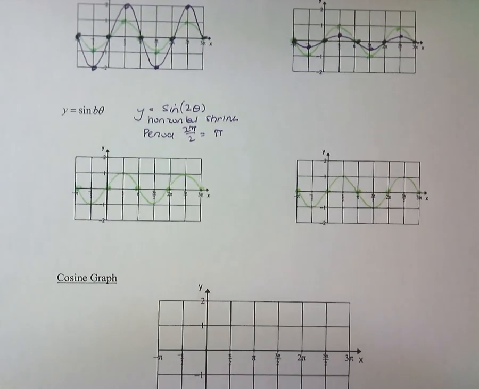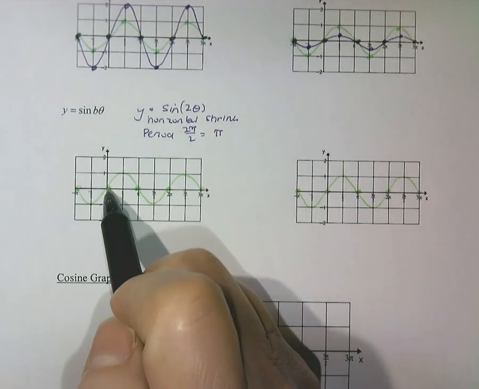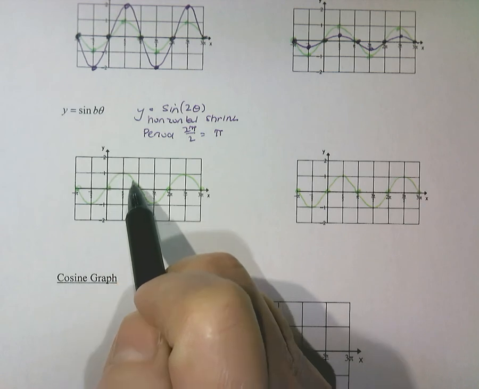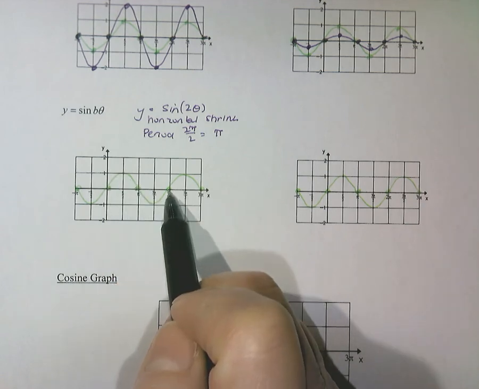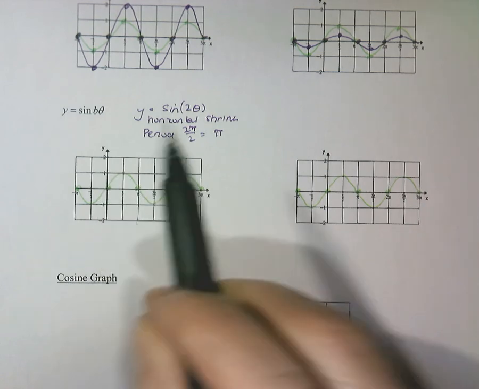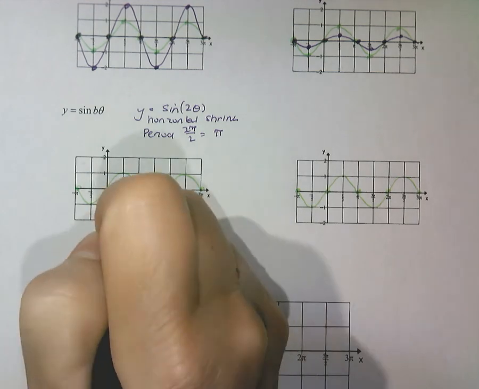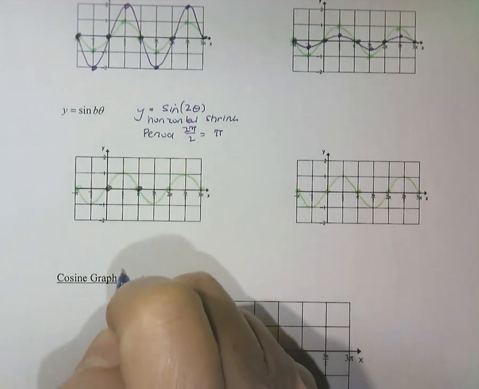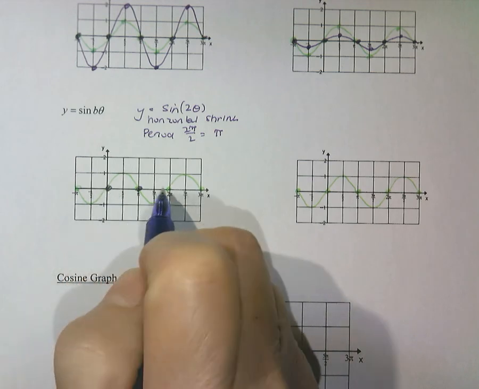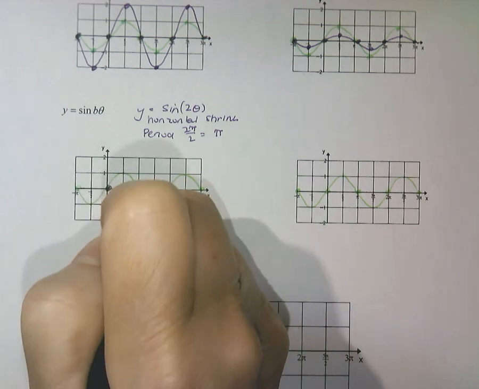So the way I graph that, remember my original function starts here and ends here at 2 pi. So now I want it to start here but end at pi. Before, halfway across it went through the x-axis again, so there's the halfway mark.